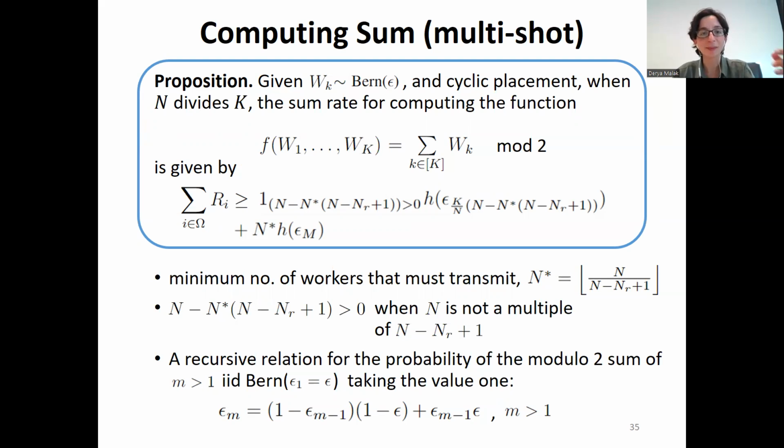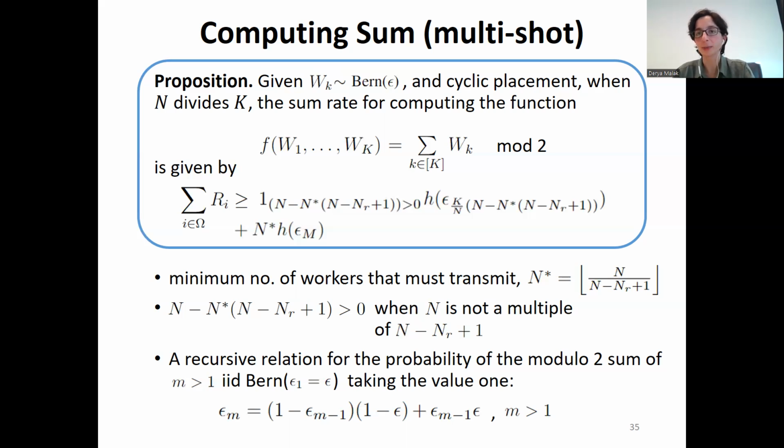I think what we need to do is find the minimal set that contains sufficient information to be able to recover the desired function. And here, the minimum number of workers that must transmit is given by n star. Each worker has n minus nr plus 1 data, and n is the number of workers.